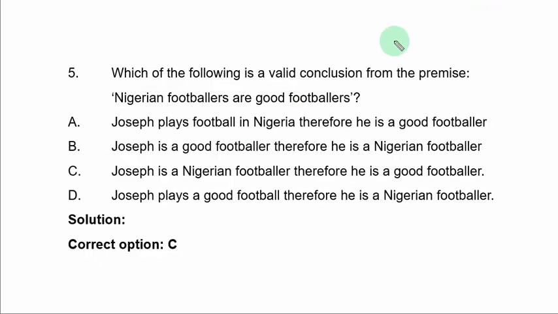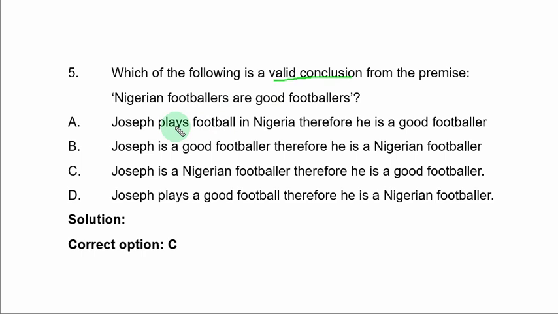Question 5. Which of the following is a valid conclusion from the premise? Nigeria footballers are good footballers. A. Joseph plays football in Nigeria, therefore he is a good footballer. No, this one means Joseph can be from anywhere but playing in Nigeria.